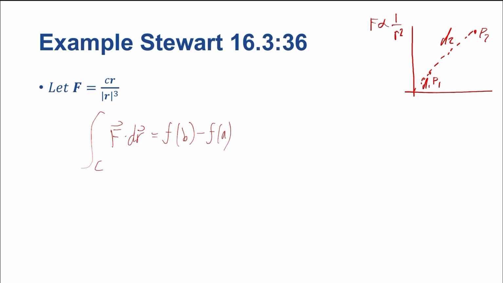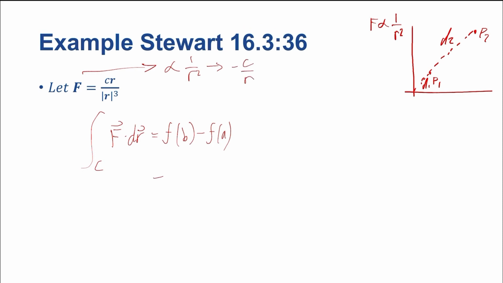So, we will negate it. Anyways, what we have to do now is find the potential function for this force. The potential function for the force is pretty easy to find. We have something proportional to 1 over r squared, and our potential function is going to be the integral of 1 over r squared. So we're going to get negative c over r.